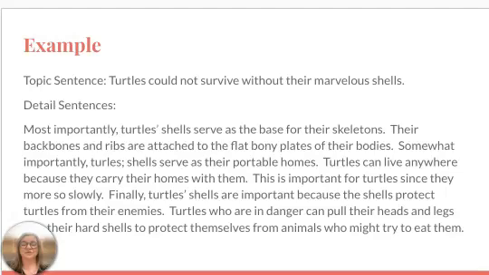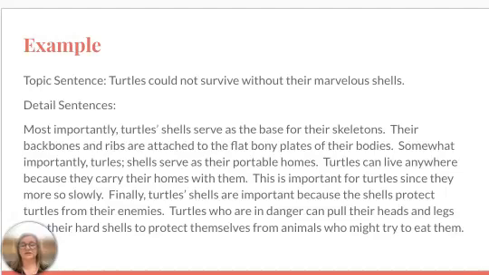This is important for the turtles since they move so slowly. Finally, turtles' shells are important because the shells protect turtles from their enemies. Turtles who are in danger can pull their heads and legs into their hard shells to protect themselves from animals who might try to eat them.